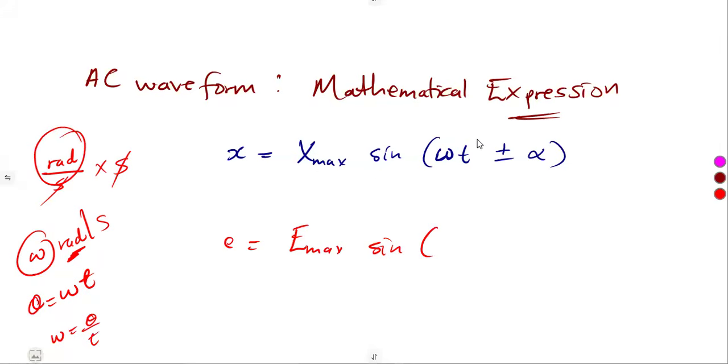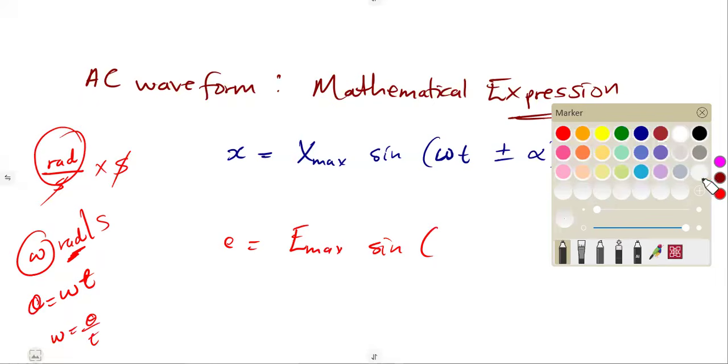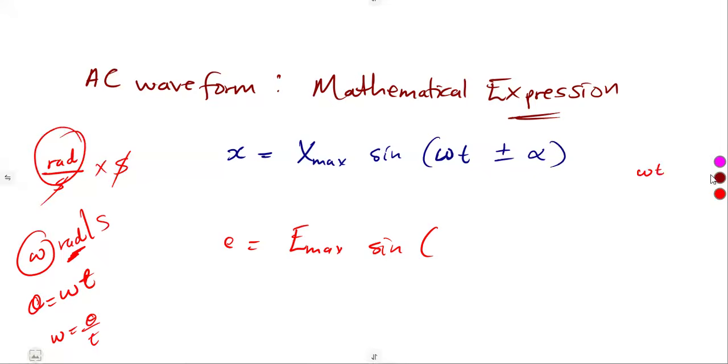So meaning to say the whole of this part combined together, the omega t that we see there, it is an important thing that we must understand. It is in radians, the whole of this part. The whole of this part, omega times time, gives us the radians, which is our theta, our angular displacement. That's our angular displacement. All right.